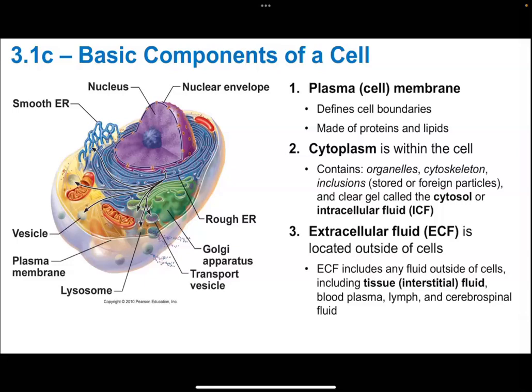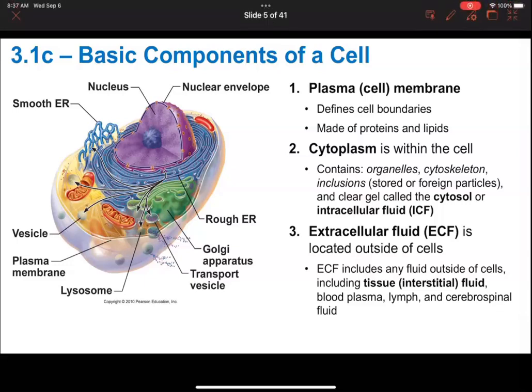Interstitial fluid is between the tissues and between cells. Blood plasma is also surrounding a lot of these cells. Lymph and cerebrospinal fluid are just a few others. But this is an overview of what is in a cell.